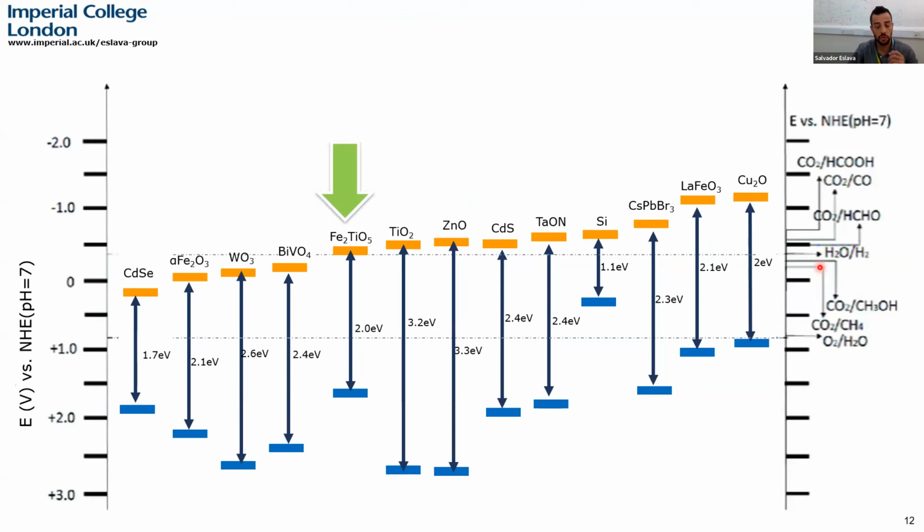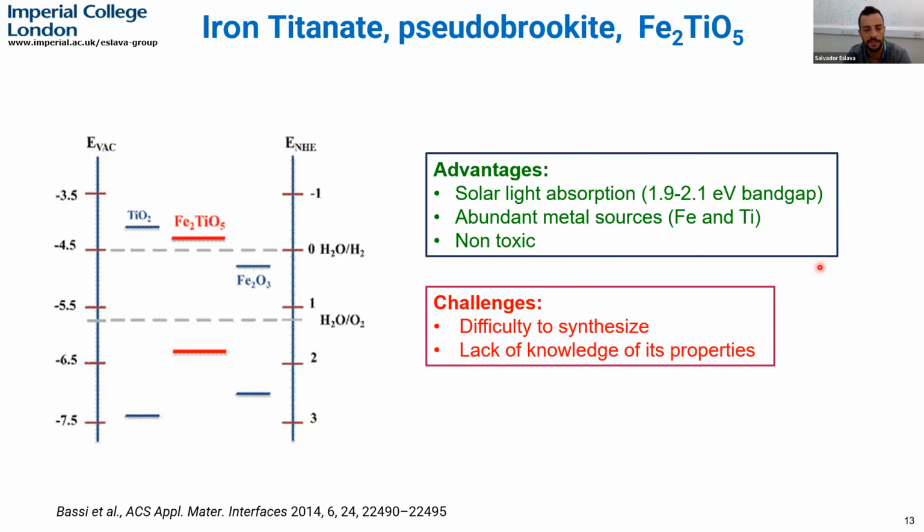We have also studied other semiconductors, such as iron titanate. Iron titanate has interesting properties between those of titania and iron oxide. For example, it absorbs the solar light. It has a bandgap similar to that of iron oxide hematite, around 2 electron volts.